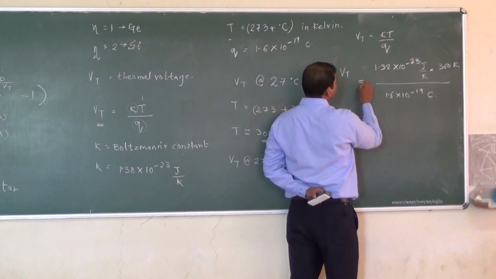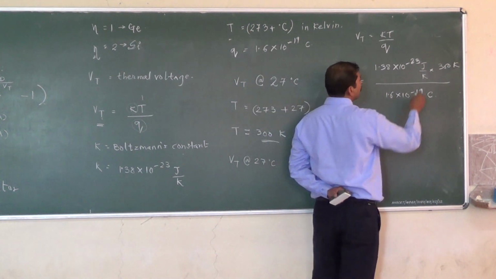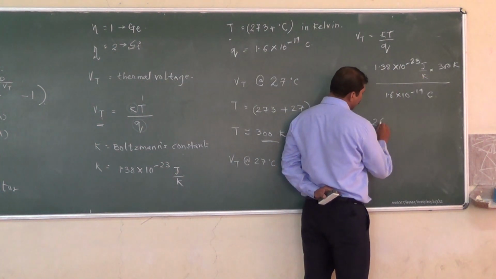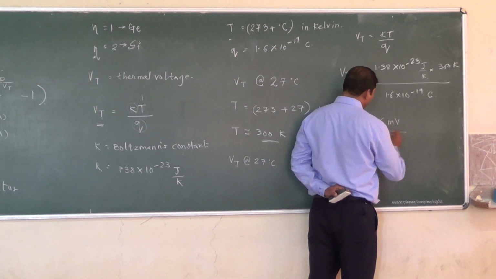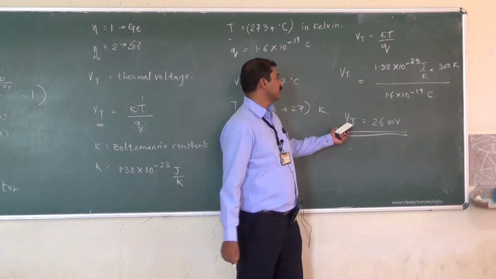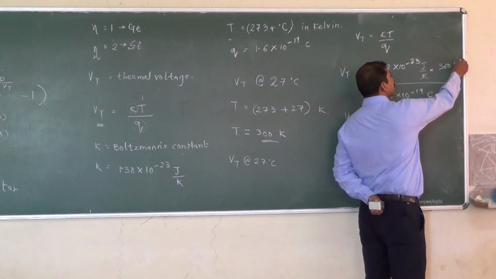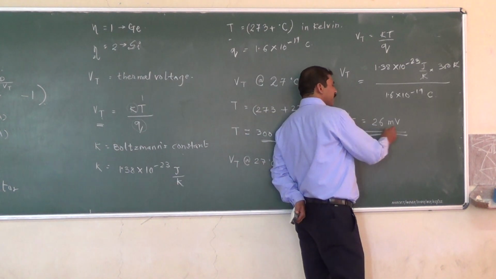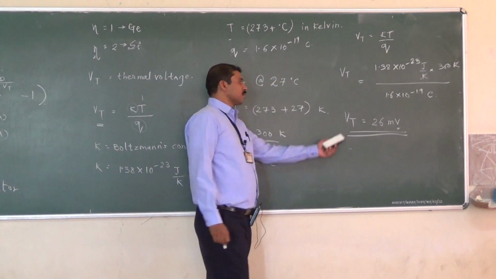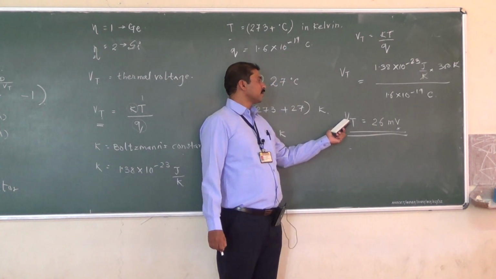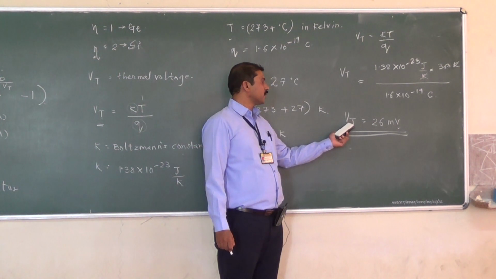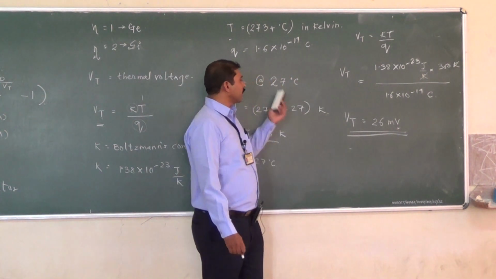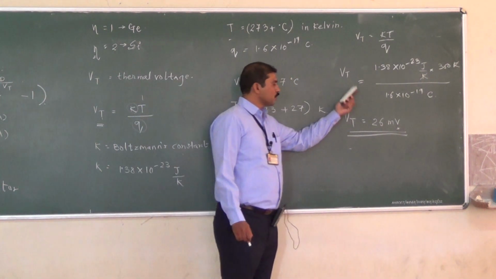If we solve this on a calculator, we get Vt equal to 26 millivolt. This is but obvious because the Kelvin gets cancelled and joules per coulomb is nothing but voltage, and hence the unit millivolt. So this Vt is dependent upon temperature. At room temperature of 27 degrees centigrade, the thermal voltage we get is 26 millivolt. If we increase the temperature, then Vt is going to rise.